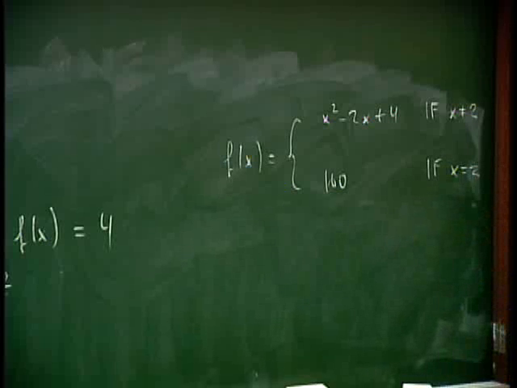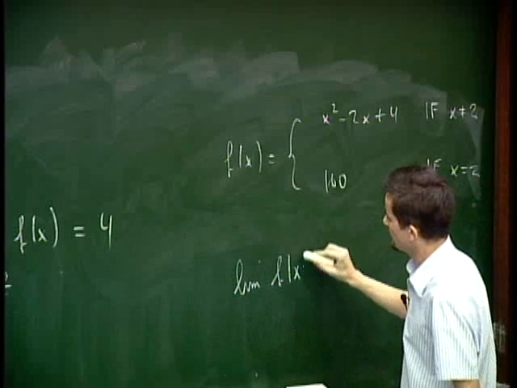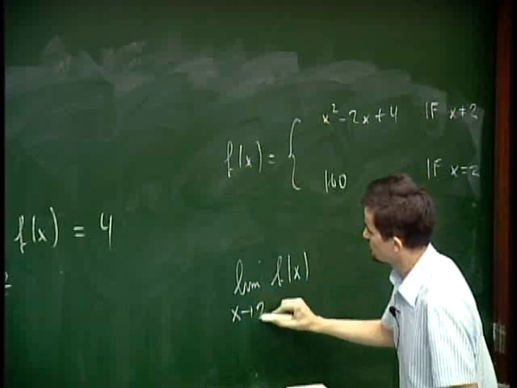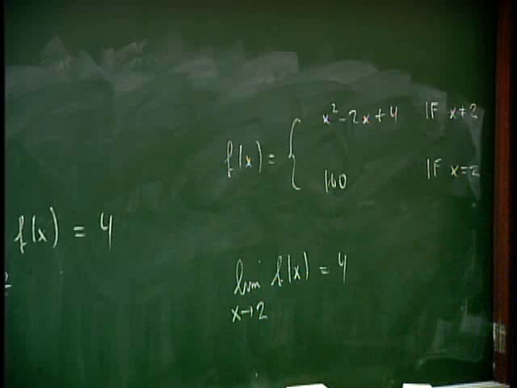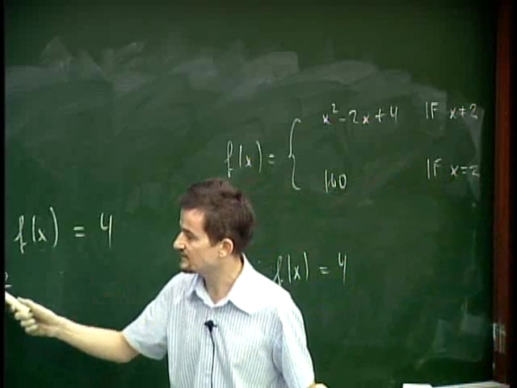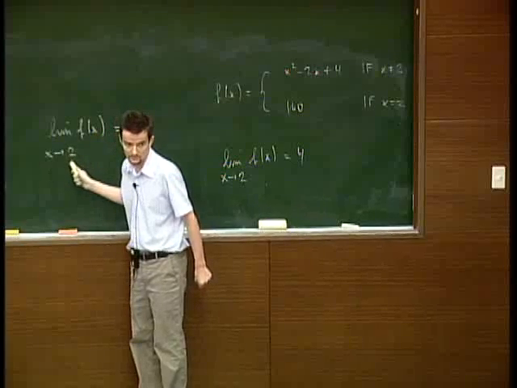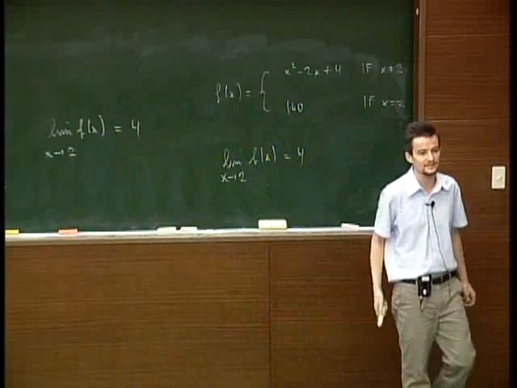Still, if we consider the limit of f of x as x approaches 2, we will get 4 and not 100. So you see that this is essential, that in this definition x has to be not equal to 2, because otherwise you would get something different. You would just plug in and that's it.